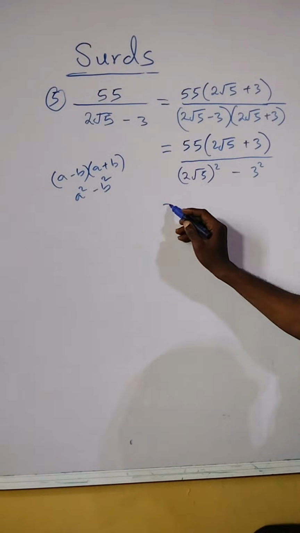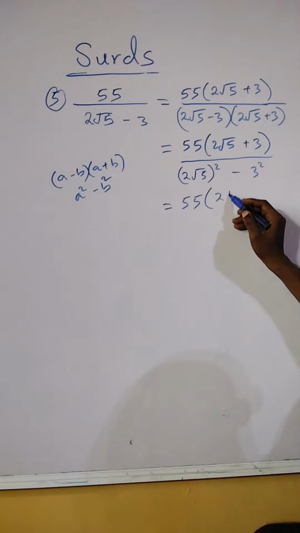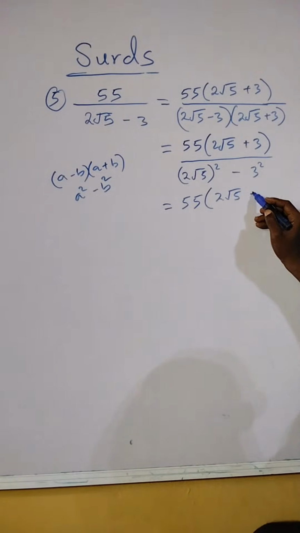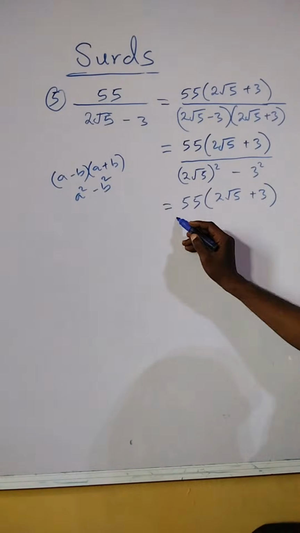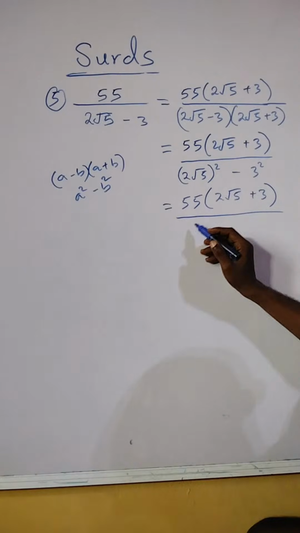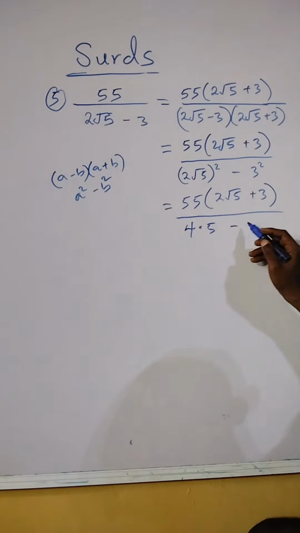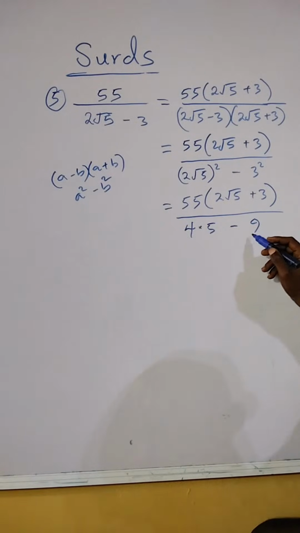That is, here we have 55 multiplied by 2 root 5 plus 3, then divided by the square: we affect 2 and root 5, and 2 squared is 4, times root 5 squared is 5, then minus 3 squared, that's 9.